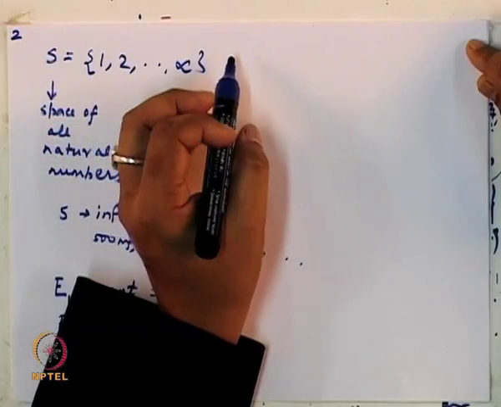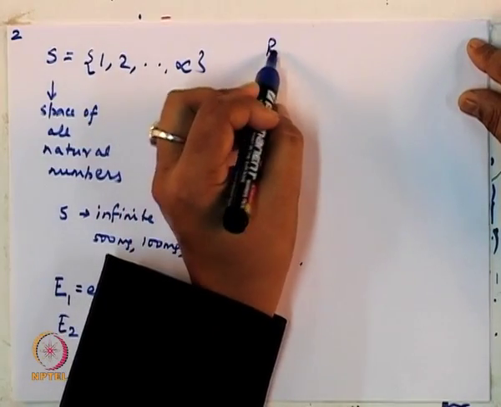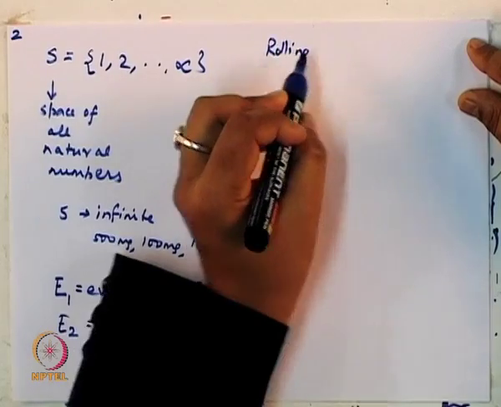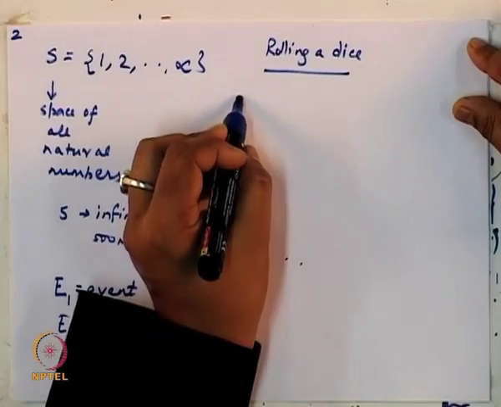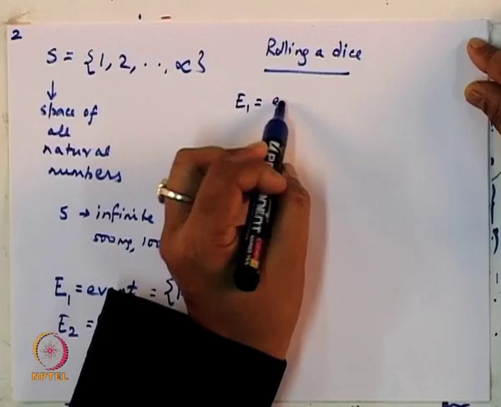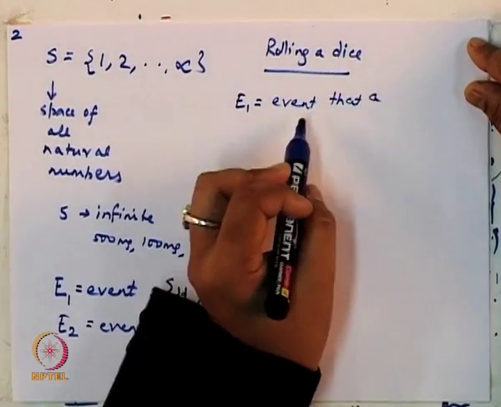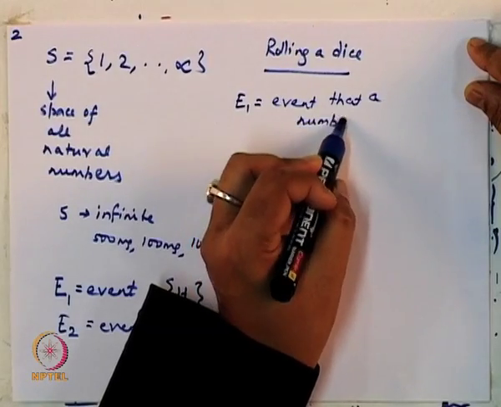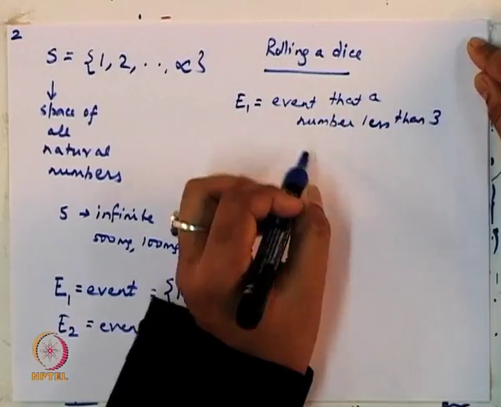Depending on the type of event that I want to define, let us say I have rolling a die. I say event E1 is the event that a number less than 3 appears.